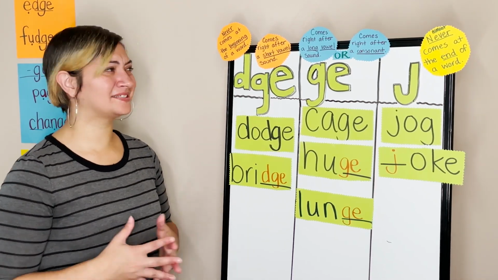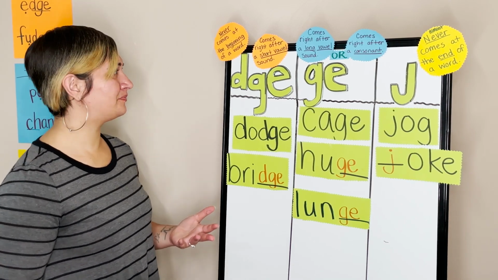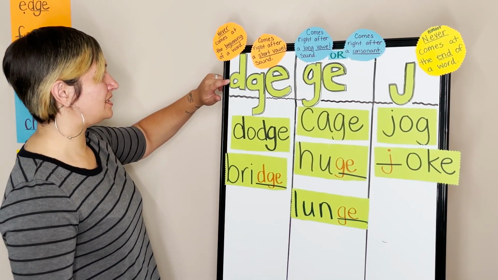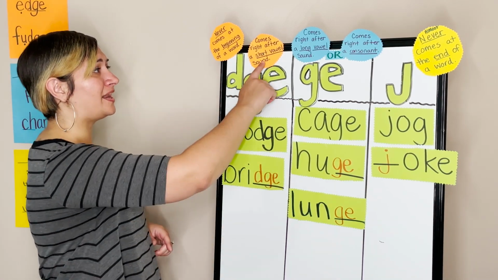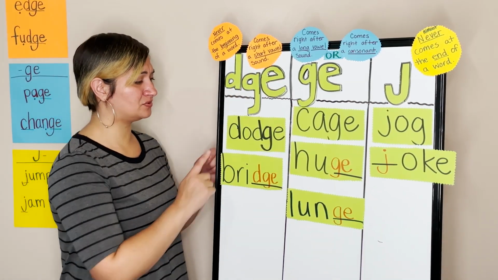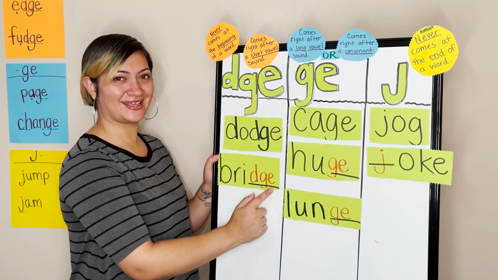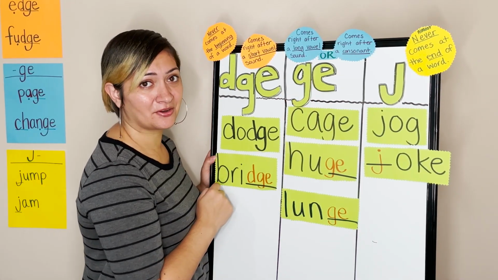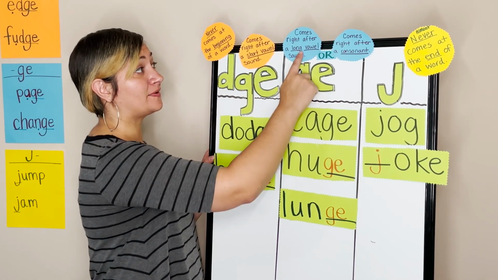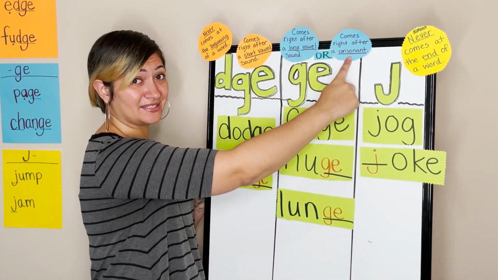Awesome work, scholars. Well, let's reread our words that we wrote. We know that we use DGE at the end of a word or end of a syllable, and it comes right after a short vowel sound. What words do we have? Dodge, bridge. Nice. We use GE as a spelling pattern when the j sound comes right after a long vowel, or when it comes right after a consonant sound.